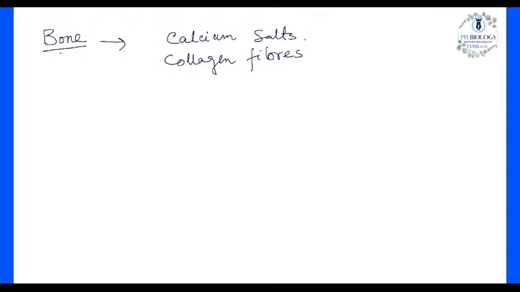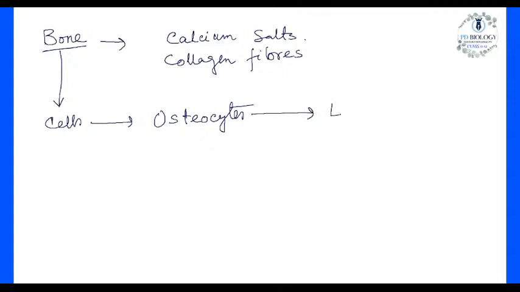Bone cells are called osteocytes. These are seen in spaces. The space is called lacunae.